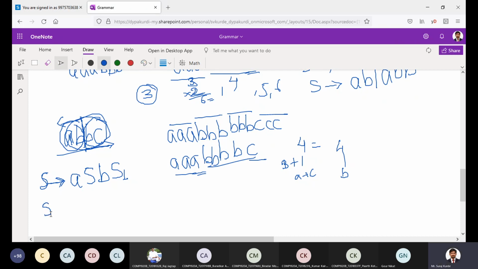First we'll write the first part. What will it be? Or if you are getting confused with this, just do this.